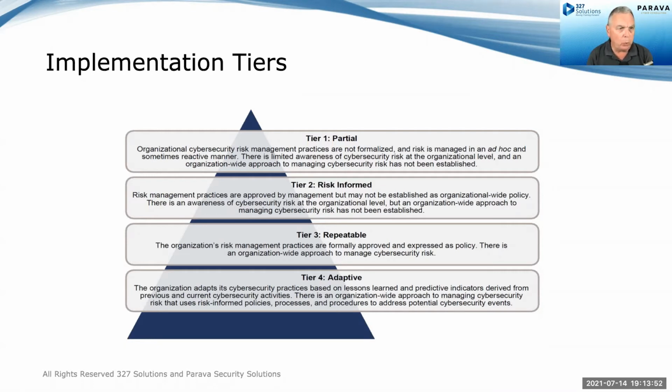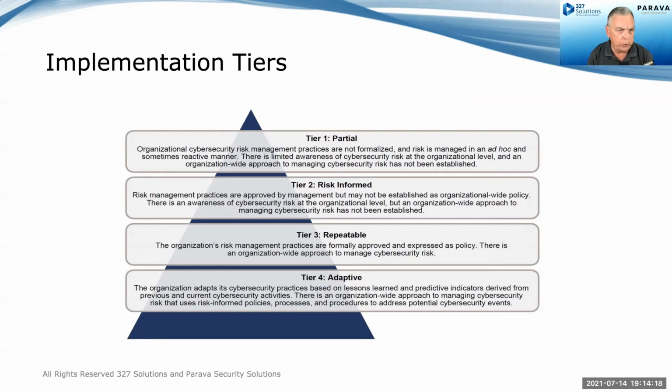So at tier 1, the organization's cybersecurity risk management practices are not formalized. Risk is managed in an ad hoc and sometimes reactive manner. You have limited awareness of cybersecurity risk at the organization level, and an organization-wide approach to managing cybersecurity risk has not been established.